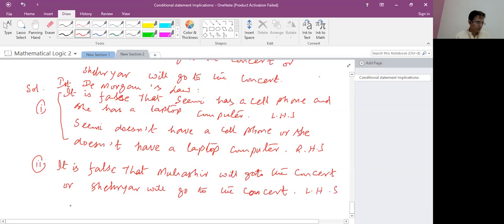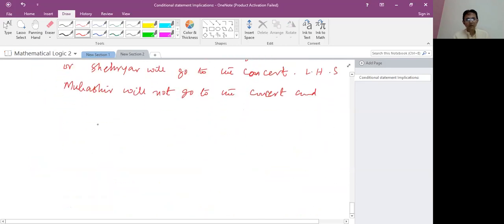Now when we consider the right hand side, it means Mubashir will not go to the concert and Shahriyar will not go to the concert.